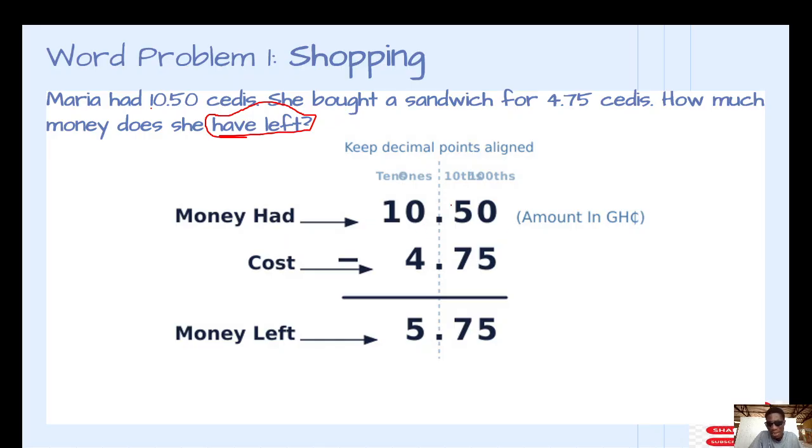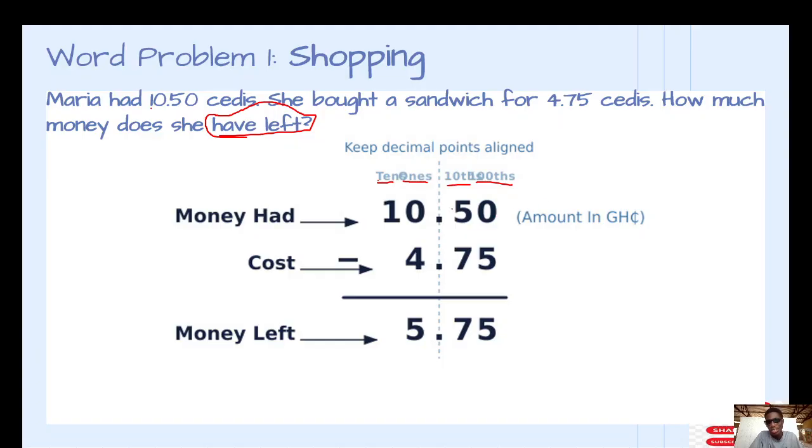Remember, tens to tens, ones to ones, tenths to tenths, and hundredths to hundredths. As you can see here, the first one is tens. We have the ones. And then here we have the tenth. And then we have what? The hundredth as the second digit. And then it continues that way.